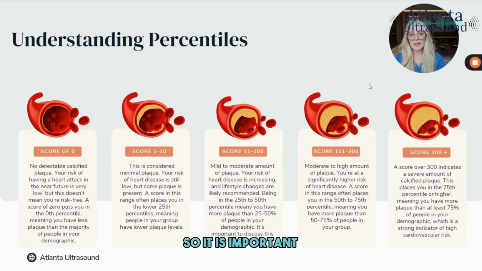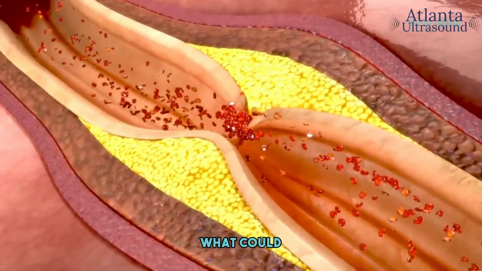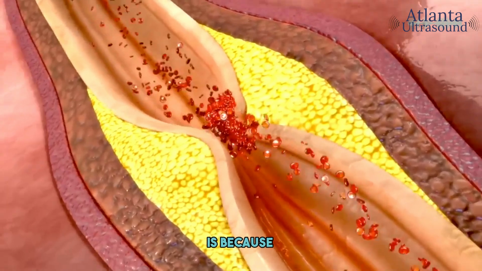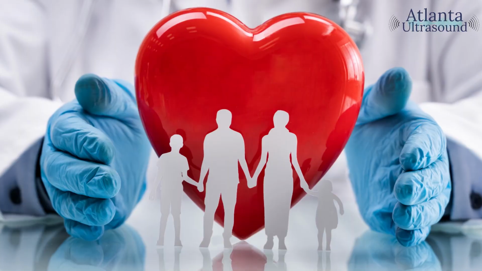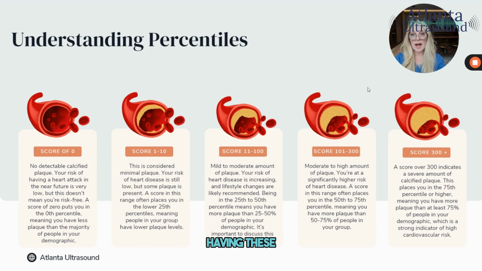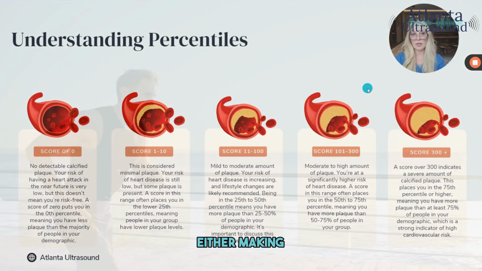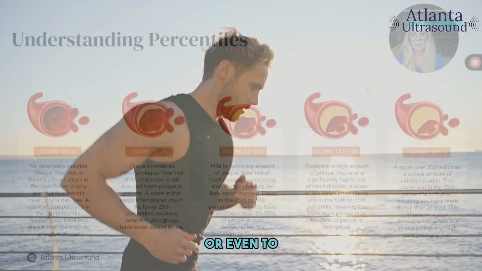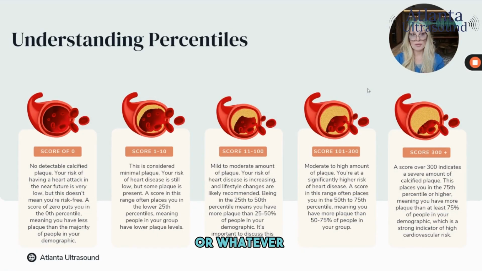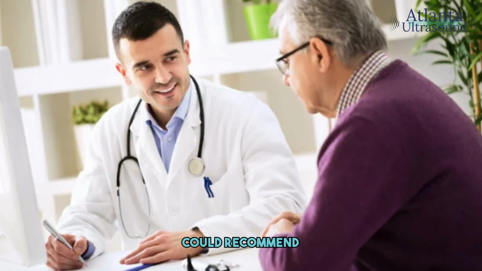So it is important to visualize what could be going on in your arteries, because if prevention is what we're looking to do, then sometimes having these images can help us understand how necessary it really is to start making lifestyle changes, or even to perhaps have a stent or whatever it is that your doctor could recommend at this point.